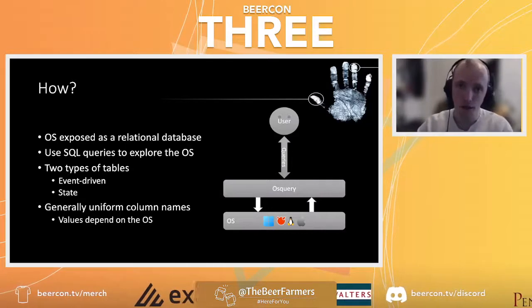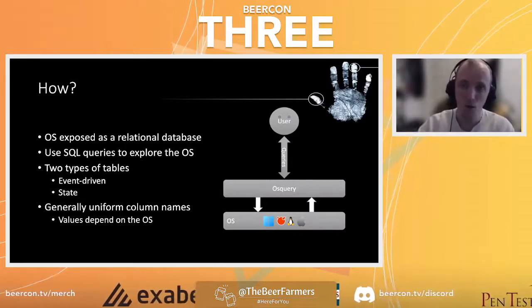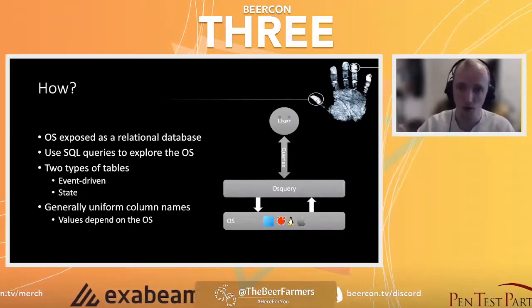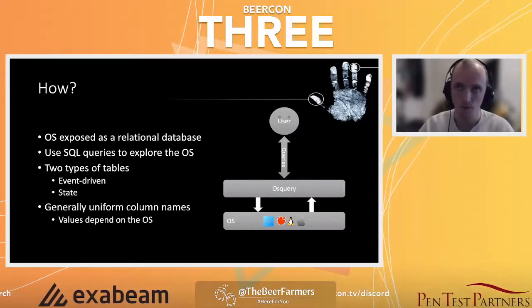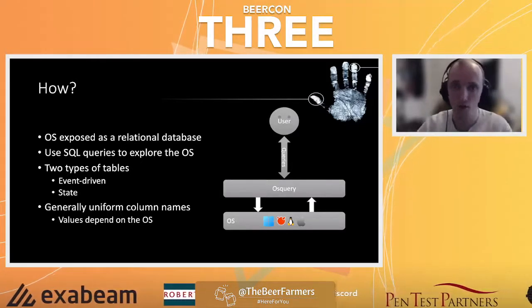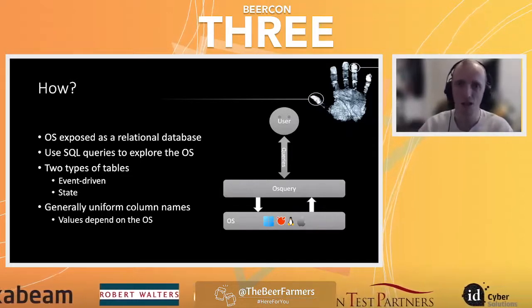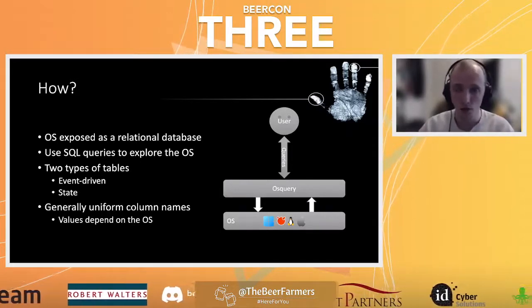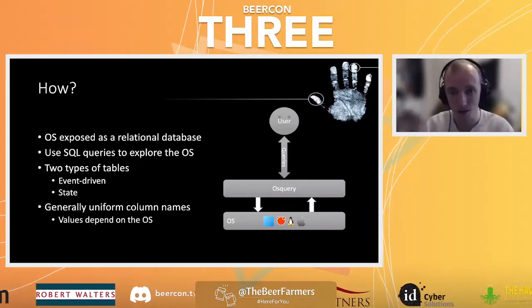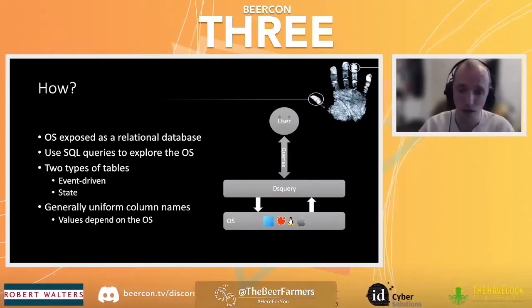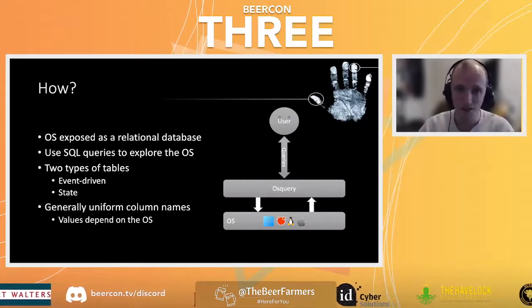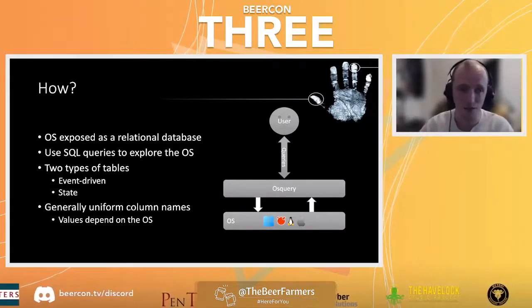You can query the file table with a path, and it will tell you the result of the query as the state of that file or directory you're querying. Let's say you want to query the file index.html in your home directory. You use a query that queries specifically that file, and it will give you the name of the file and so on. So that's an example of a state-driven table.